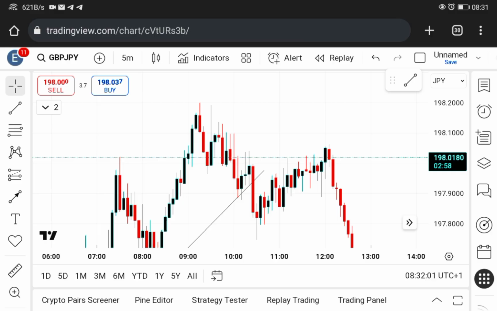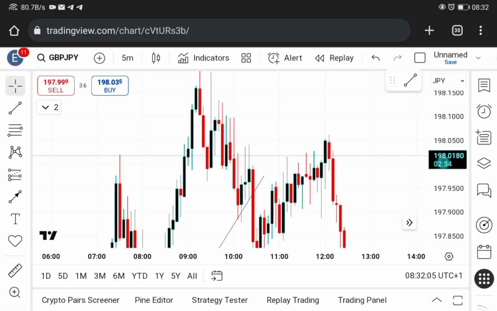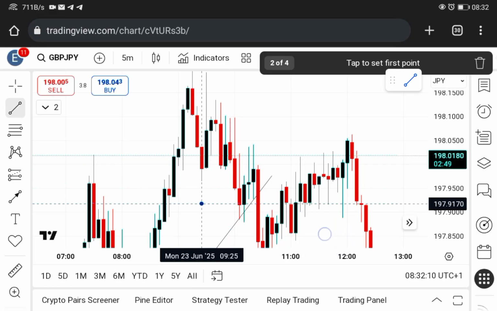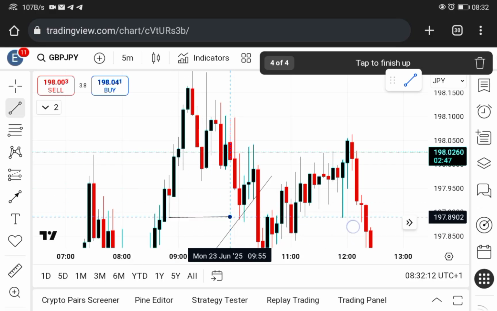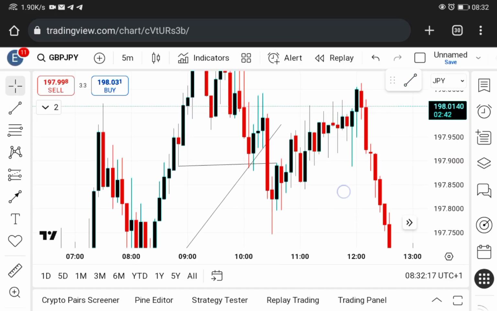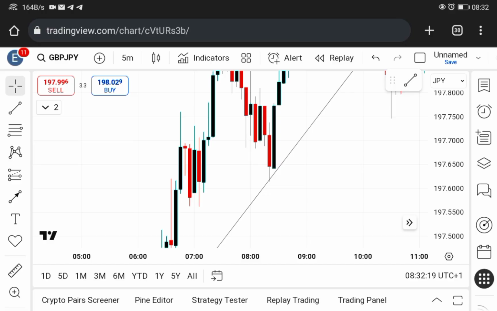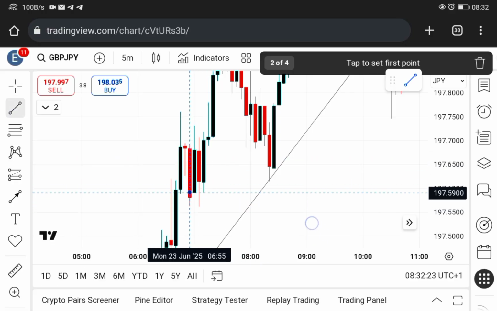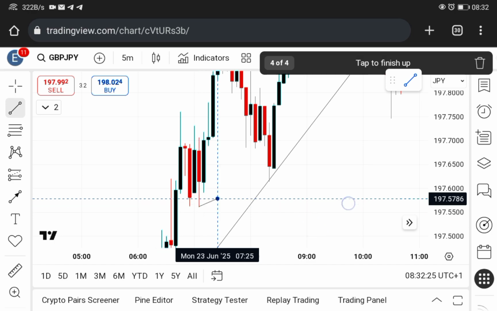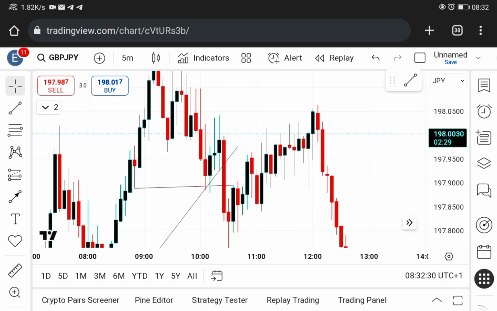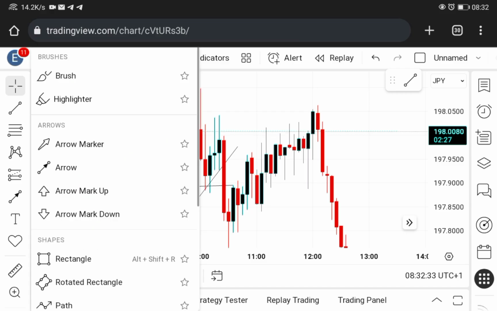Then as this market broke to the downside, this was the low I was expecting. Yes, this was how it happened. Since I saw this liquidity, these two zones right here, I thought this market would not retest this very place.